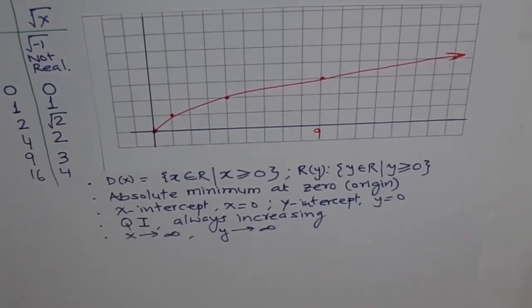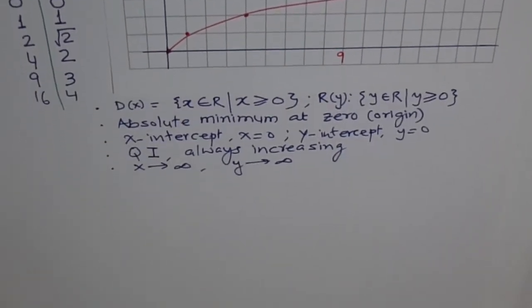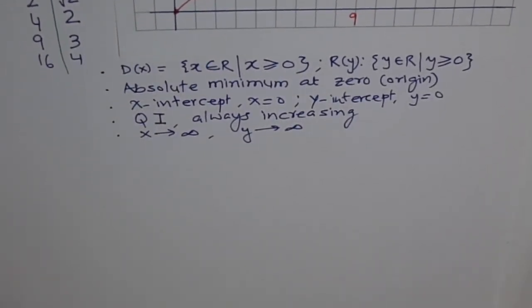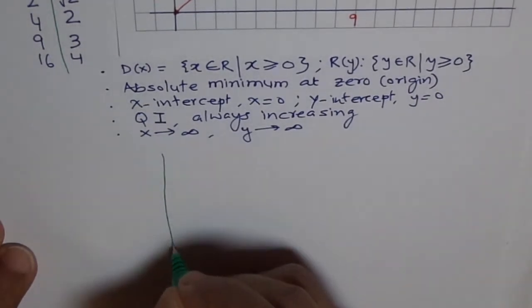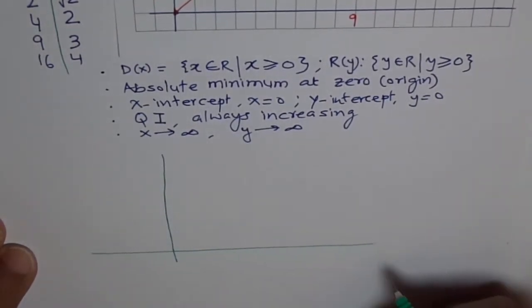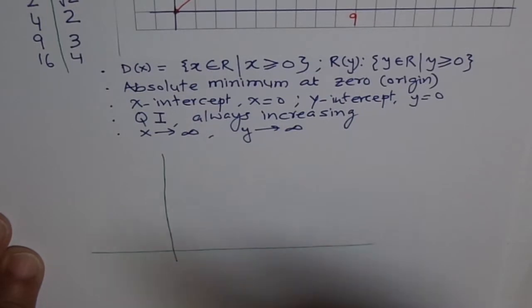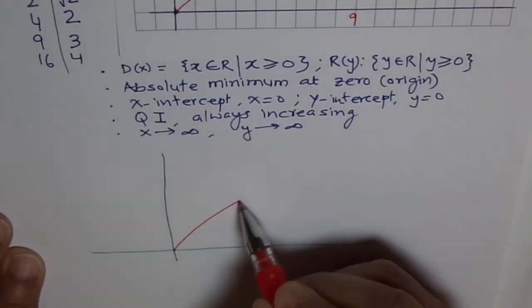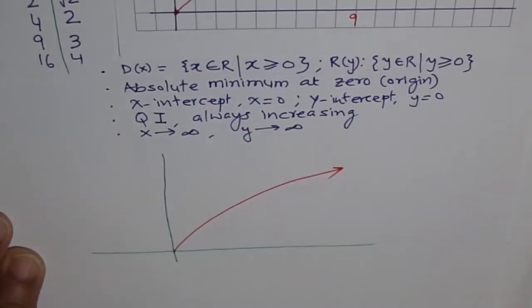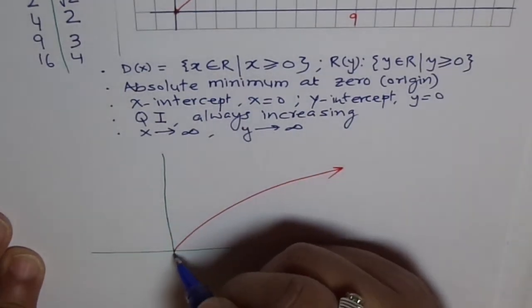Okay, now we will compare a few of our parent functions in quadrant 1. I'm not taking other quadrants because square root function has a domain which is greater than or equal to 0, and it is only there in quadrant 1. So we saw that the square root function can be drawn like this, right? And how about a line y equals x?